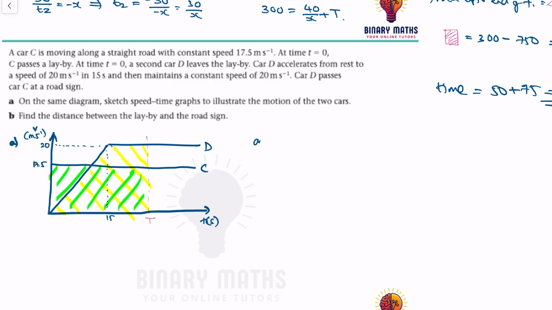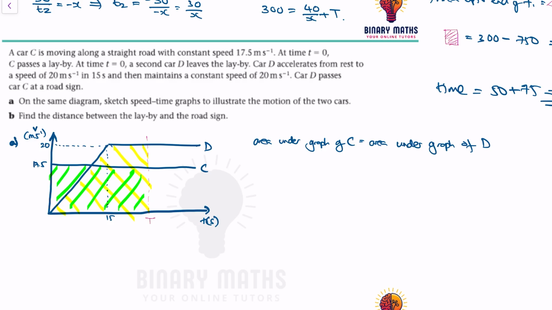So the area under the graph of C must be equal to the area under D. So the area of C is just 17.5 times T.